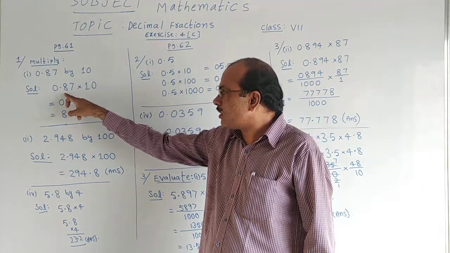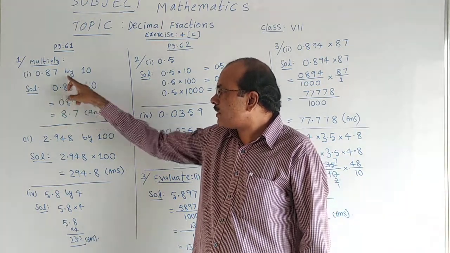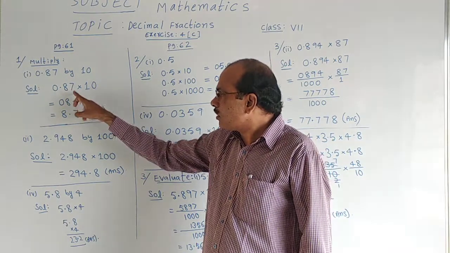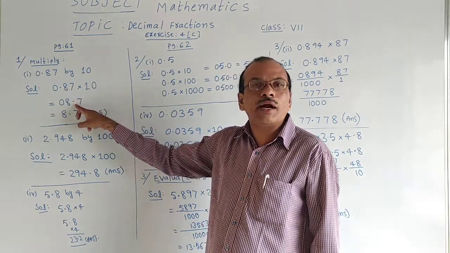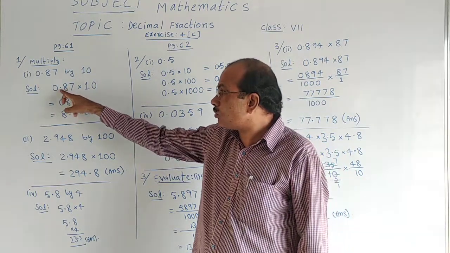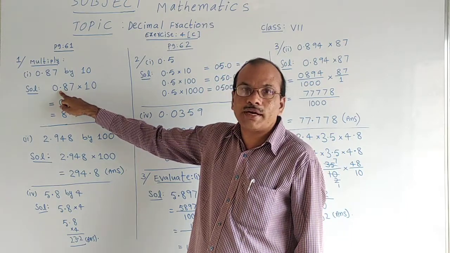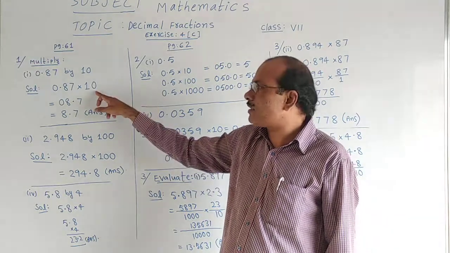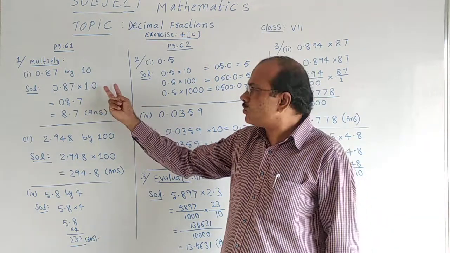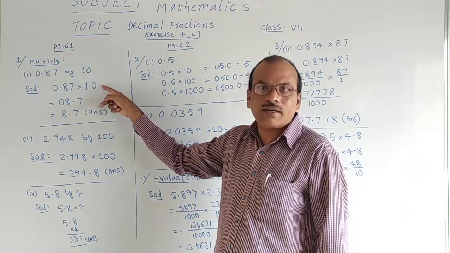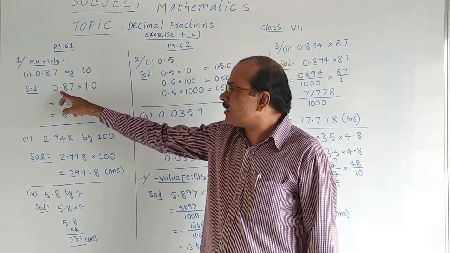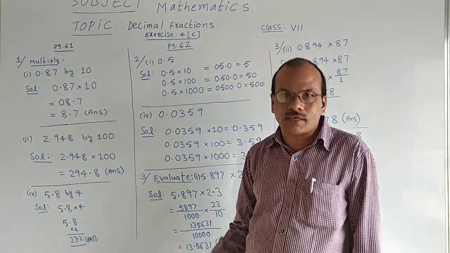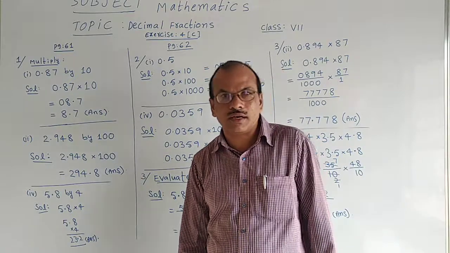Then 0.8 stays as it is, and the point should cross one digit towards its right side. So in between 8 and 7 the decimal point should be placed, because it should cross one digit towards the right because of having one 0. If 2 zeros are there, like 100 with starting 1, then the decimal point should cross 2 digits towards its right side. That is the condition we have to understand.